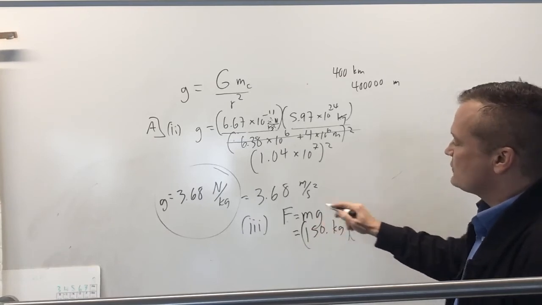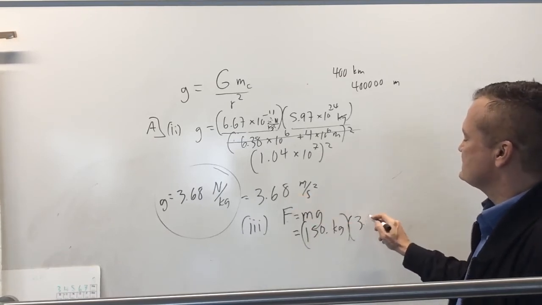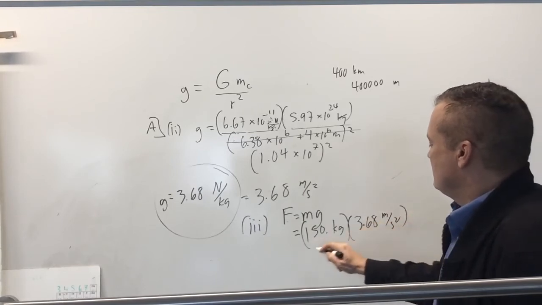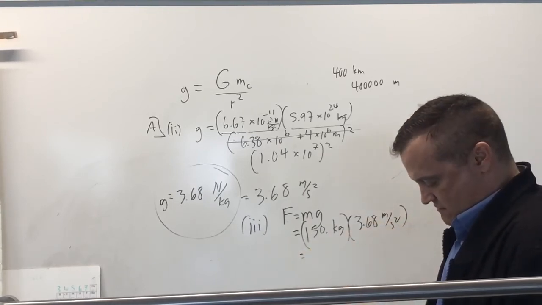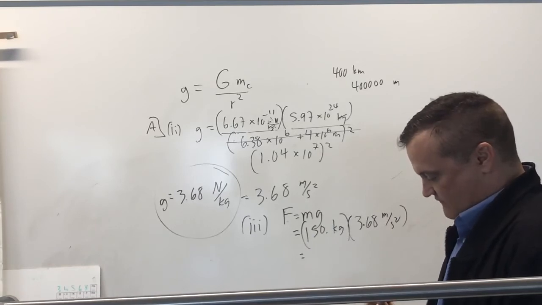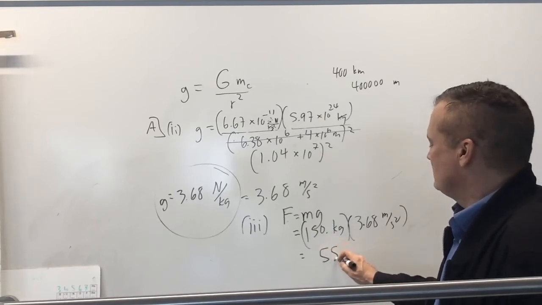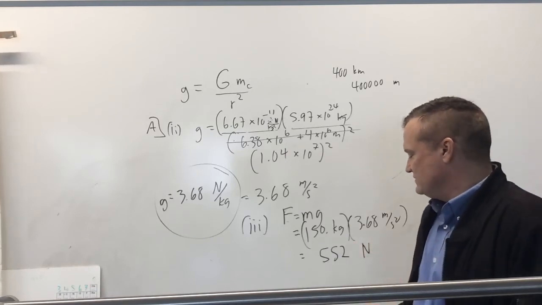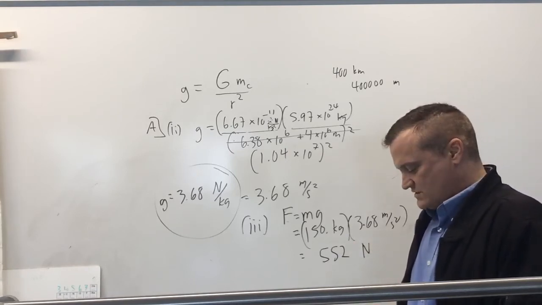And now for 400 kilometers above the Earth, 3.68 will be the acceleration of gravity. And so 552 newtons.